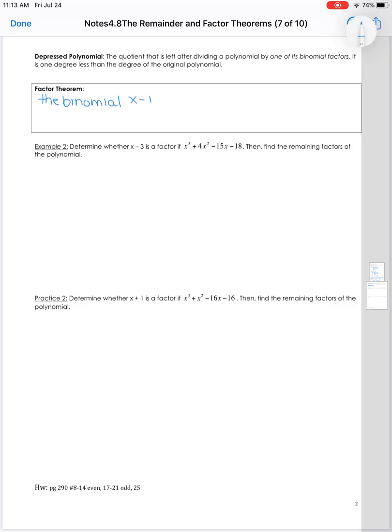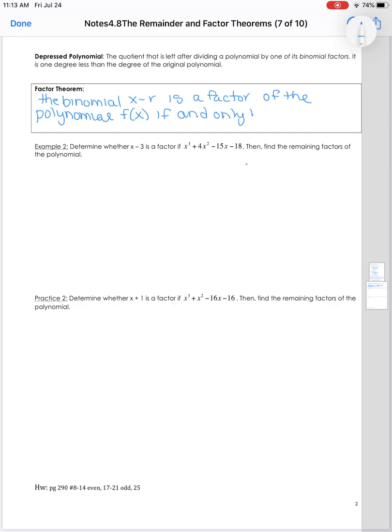When we talk about a depressed polynomial, that means the quotient that is left after dividing a polynomial by one of its binomials is 1 degree less than the degree of the original polynomial. We've already encountered that when we've written our final answers. When we talk factor theorem, let's fill this in first.